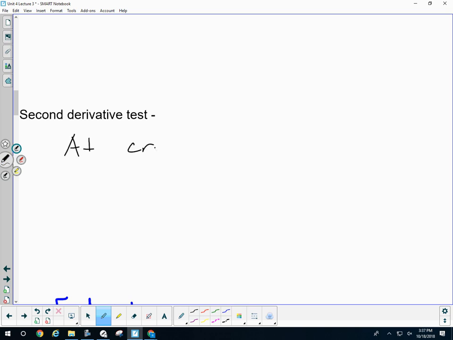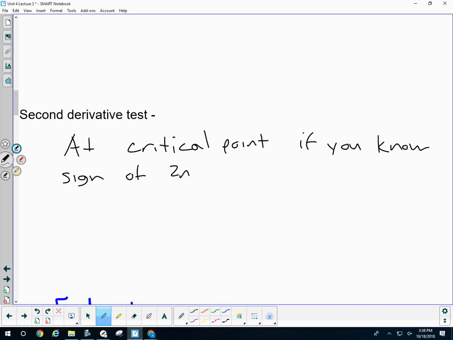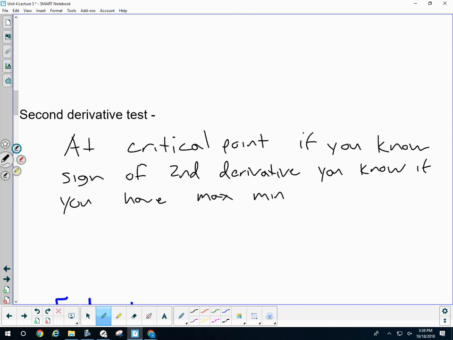But this is the second derivative test. At a critical point, if you know the sign of the second derivative, you can tell whether or not the critical point is a max or min. Okay?